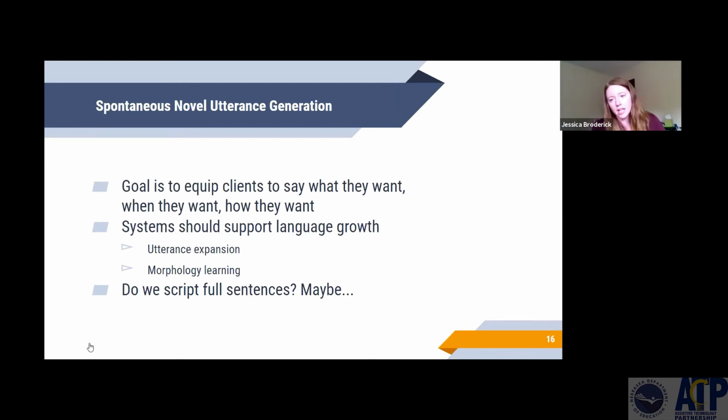So adding a plural S, adding a past tense, making she into her, those kinds of things. This concept is called spontaneous novel utterance generation, and sometimes you might hear it referred to as SNUG, just an abbreviation there.